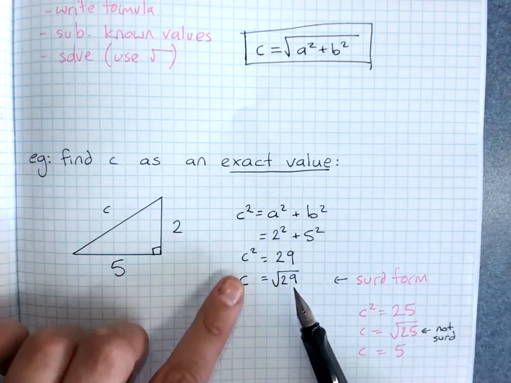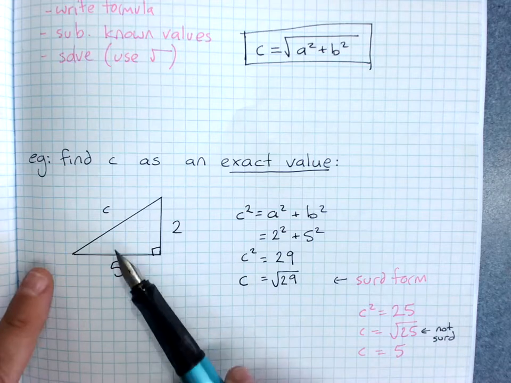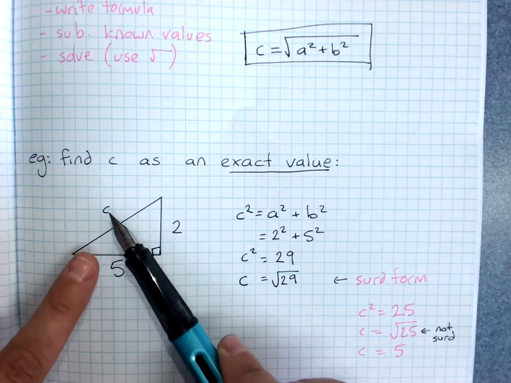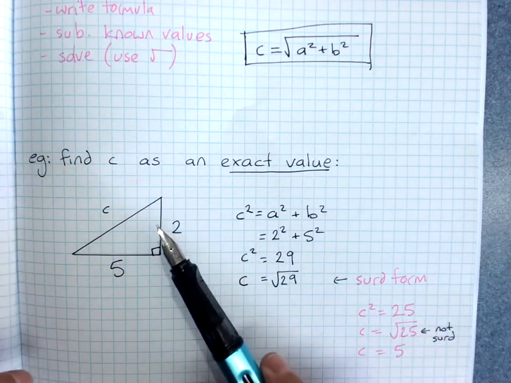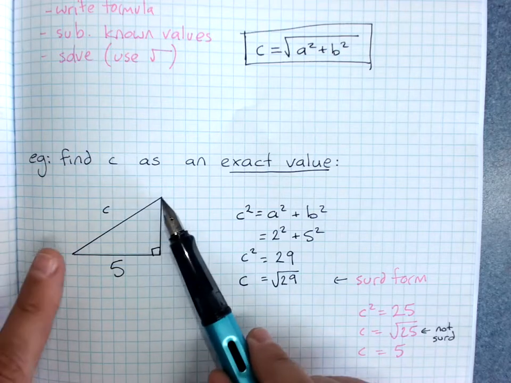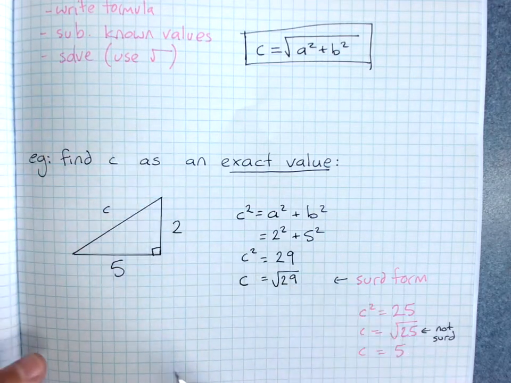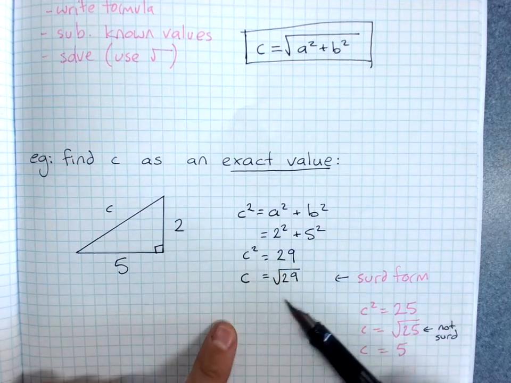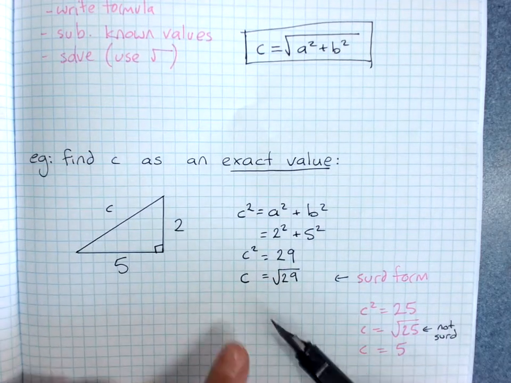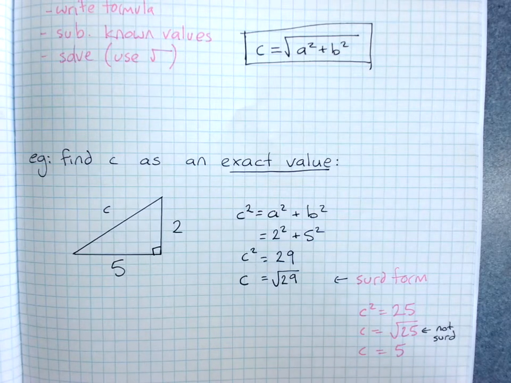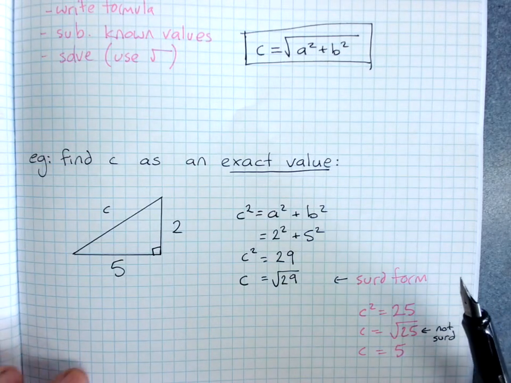It's worth noting that this would be very useful if I wanted to use this in later calculations. So if I'd been asked to find this and then had to use this answer to do some more calculations, it's a very good idea to use the exact value rather than a rounded value, because using a rounded value introduces inaccuracy into my working.